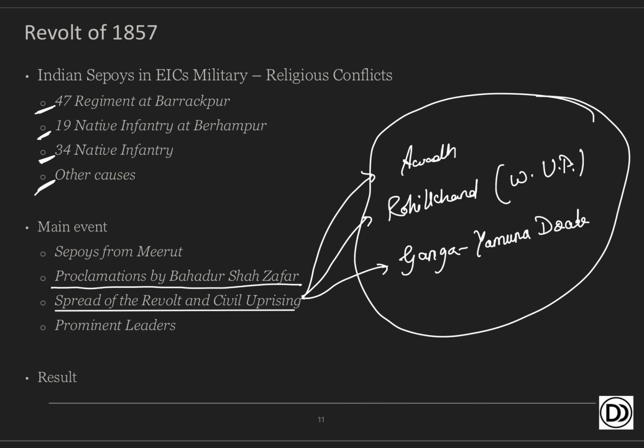This also resulted in a civil uprising of the common masses like farmers, small zamindars, traders, artisans, laborers, and priests. They got motivated by the rebellion and the declaration by this Mughal emperor. What did they do? They burnt the records of many moneylenders.